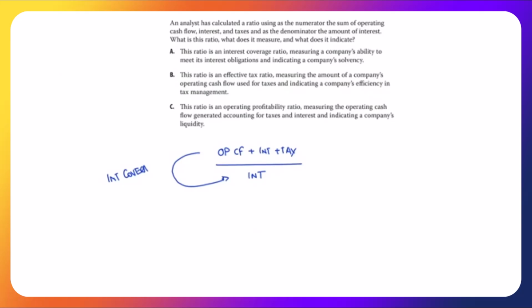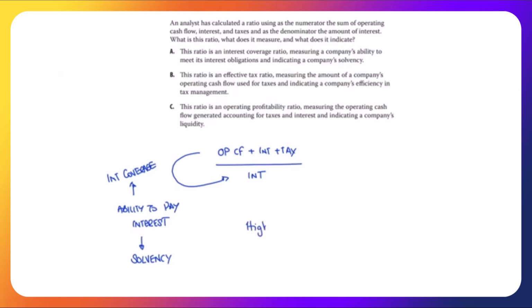It is interest coverage. What does it measure? Our ability to pay our interest. Why are we interested, no pun intended, in that? Solvency. What does it indicate? How solvent we are.